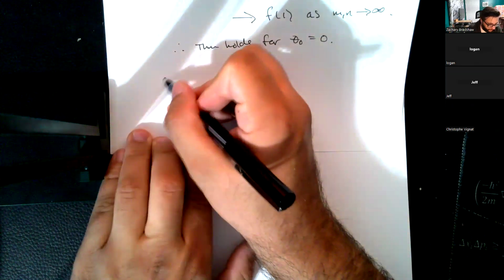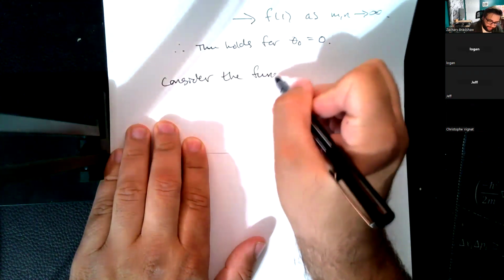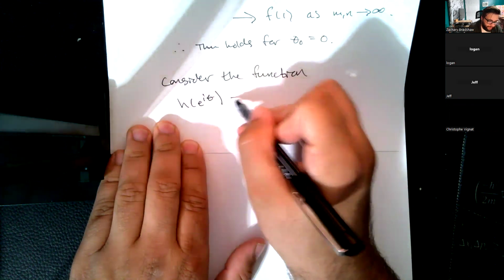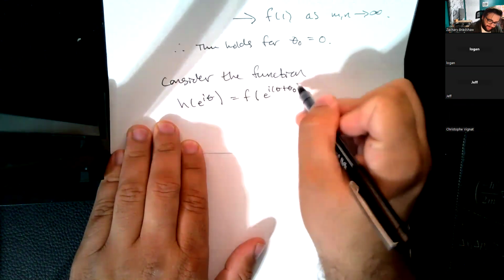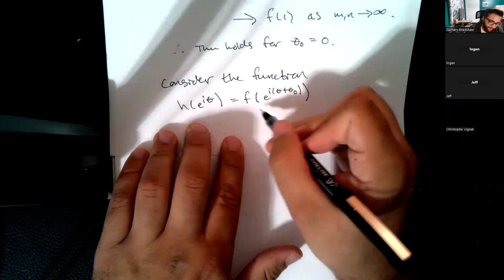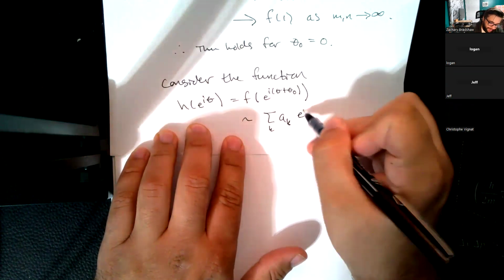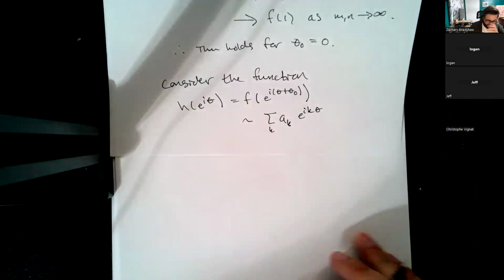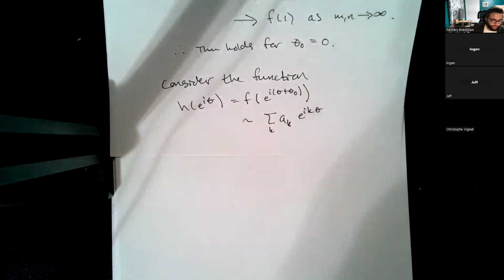Consider the function h of e to the I theta defined by f of e to the I theta plus theta naught, which is related to the Fourier series sum over k of ak e to the I k theta, and is piecewise continuous and differentiable at theta equals 0.